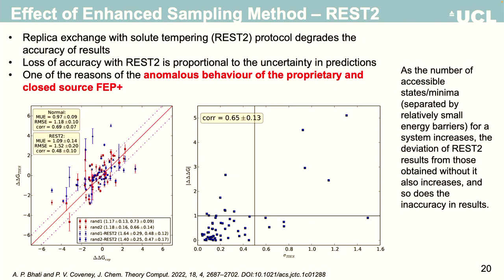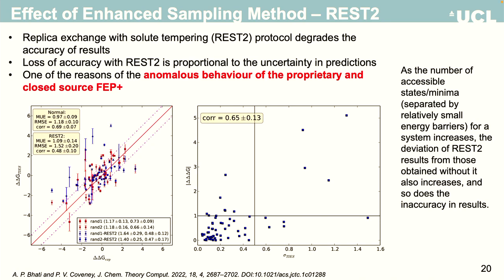And so this is one point about FEP Plus that we discovered originally in 2018, but then we thought we better go back and do a really thorough study of what's going on with this. And the problem with FEP Plus, as we all know, is that it's proprietary and closed source, so you can't really identify all the problems in it.